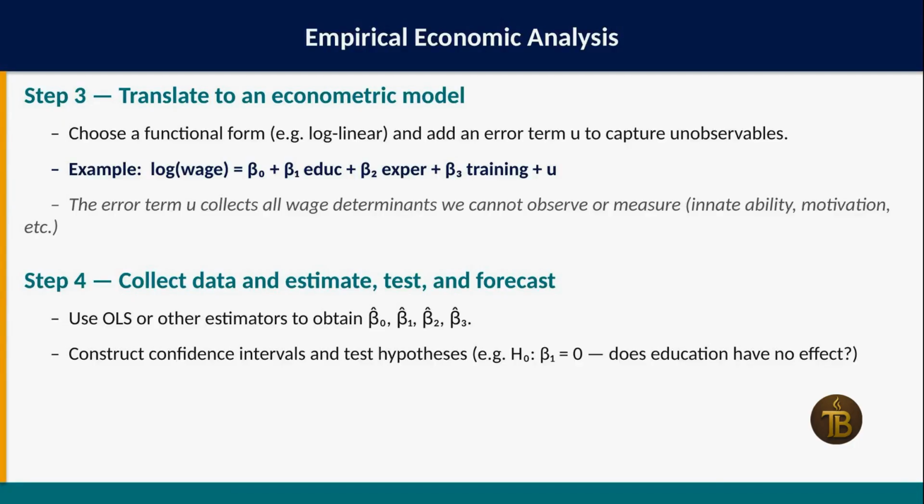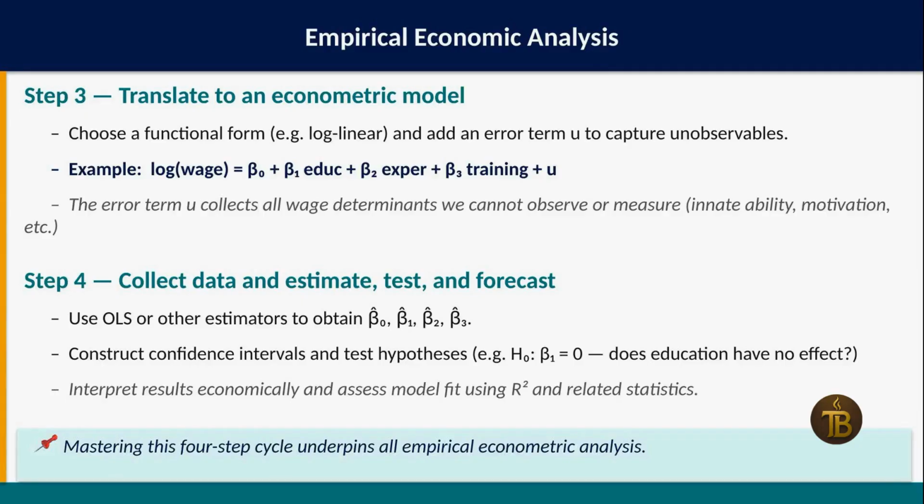For instance, testing whether beta 1 equals 0, which would mean education has no effect at all. Finally, you interpret the results in economic terms and check how well the model fits using R-squared and related statistics. Mastering this four-step cycle, question, model, econometric specification, estimation, is really the backbone of all empirical econometric work.